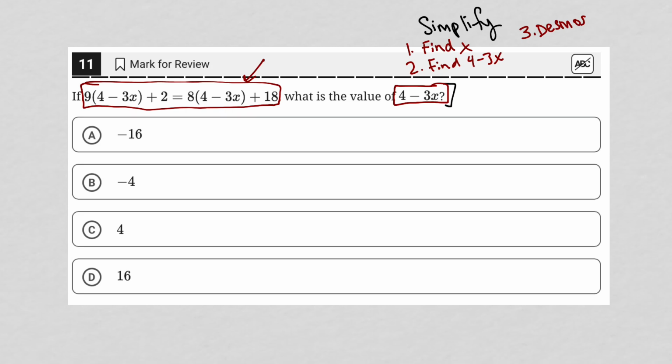So the first way, if I have my original equation, oops, not plus, it's minus. So 9 times (4 minus 3x) plus 2 equals 8 times (4 minus 3x) plus 18.